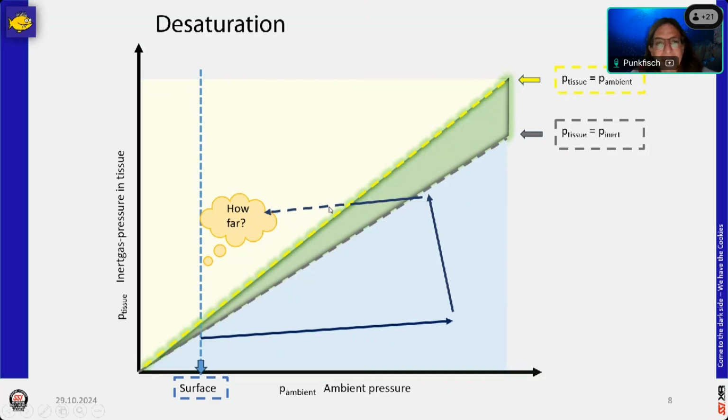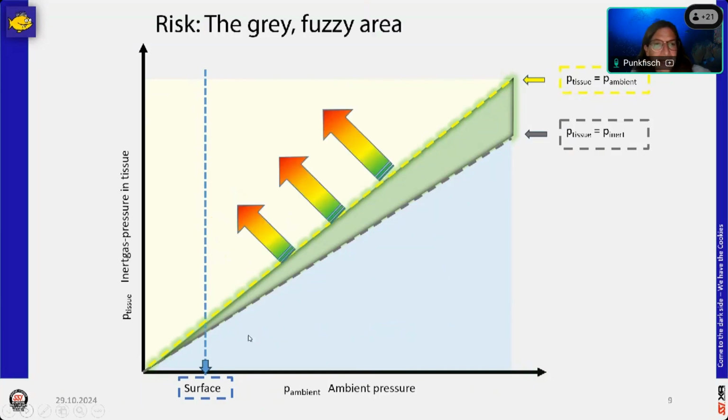We have to get into the area of supersaturation in order to desaturate. And now the only really important question is, how far can we actually go there? So what is an acceptable ascent and an acceptable place to stop?